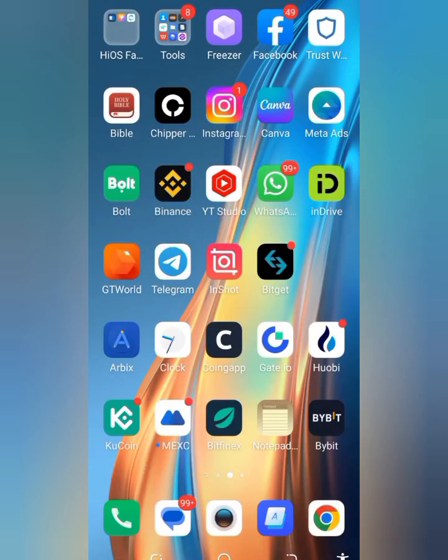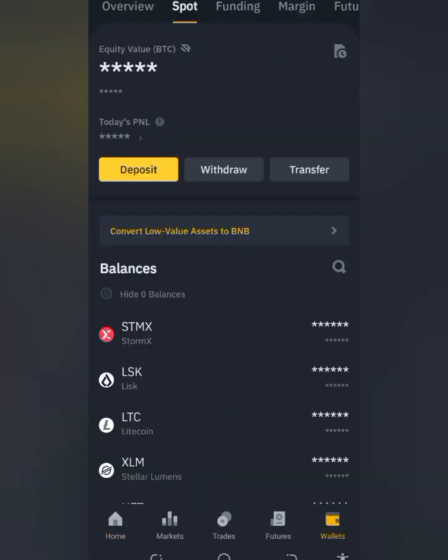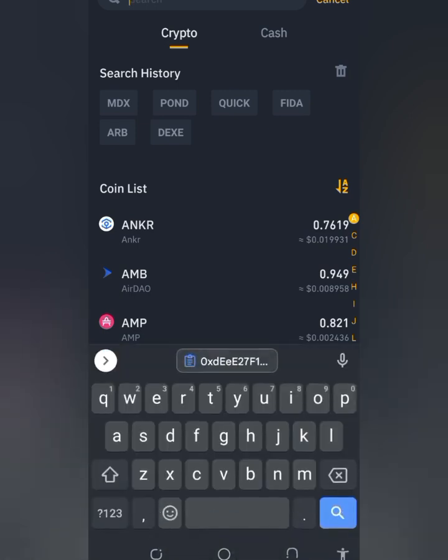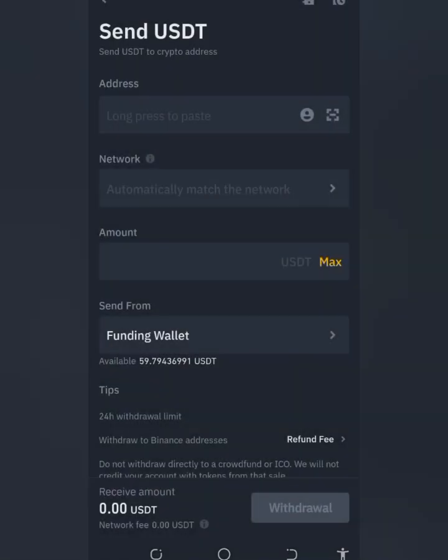Then we go over to our Binance, and all we have to do is send. We're going to withdraw it. So we're going to have maybe about 30 cents of withdrawal fee. So let me go ahead and put USDT. So USDT here, we'll just take $10, right?